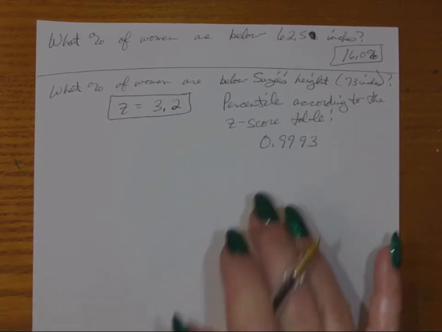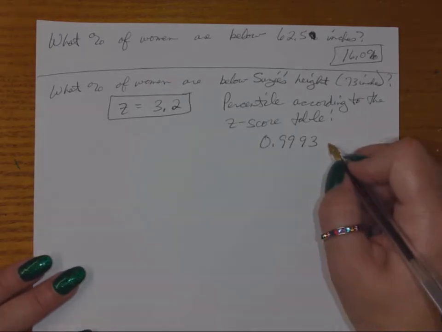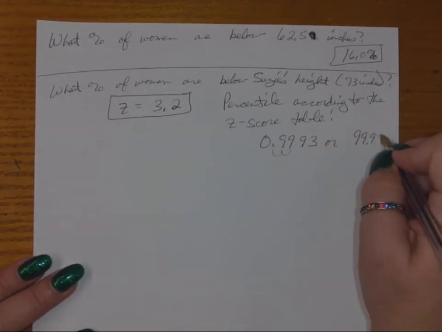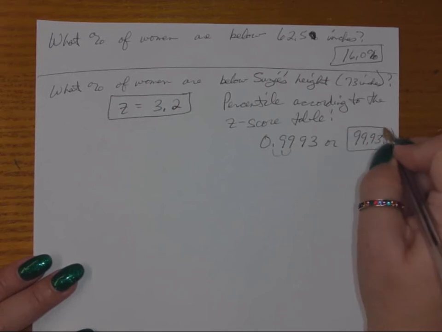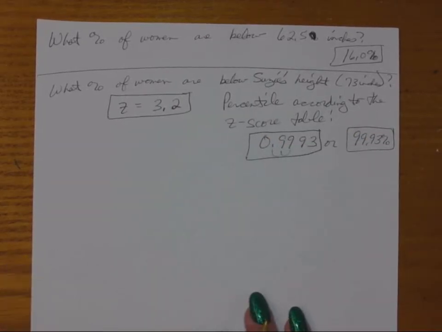Now the problem is this is out of 1. This is not a percentage. If you want to make it into a percentage, you need to shift your decimal 2 places: 99.93%. Okay, so her percentile is the 0.9993. That's the Z-score table value.